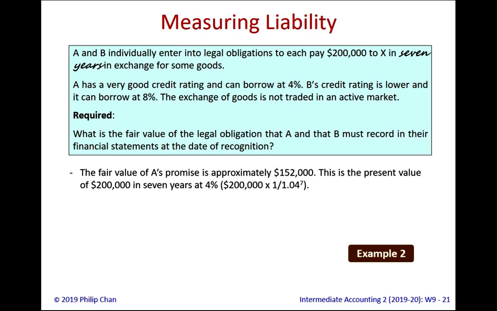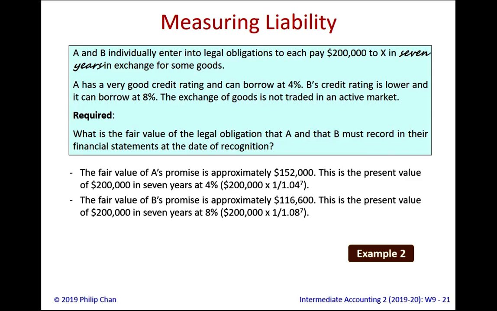And then for B, we know the credit rating is lower, and therefore lower means they require a higher level of interest. Therefore, we use the 8%. So 200,000 divided by 1.08 to the power 7, the value of the provision or liability figure would then be 116,600.